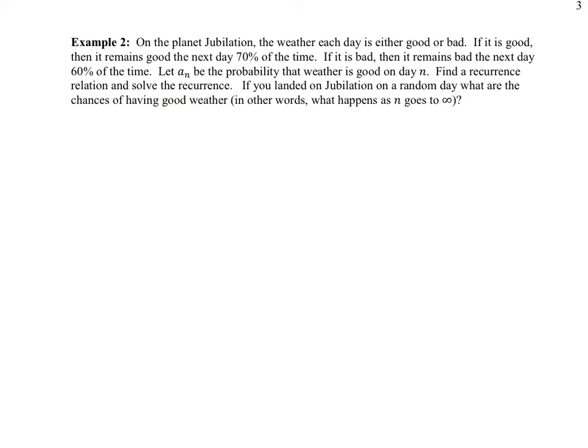So let's start out by writing down some of the probabilities that the question gives us. Let's represent G for good, and the good weather day could stay good, or it could transition to a bad weather day. On the other hand, we have the possibility that a bad weather day could transition to a good weather day, or the bad weather day could stay bad.